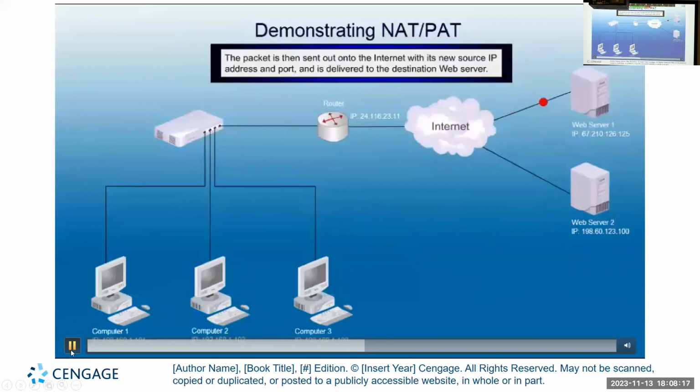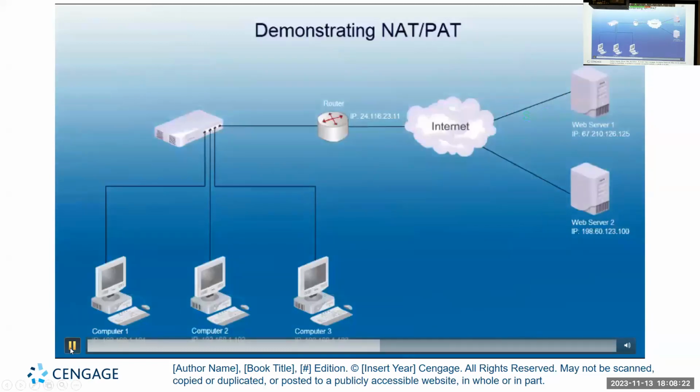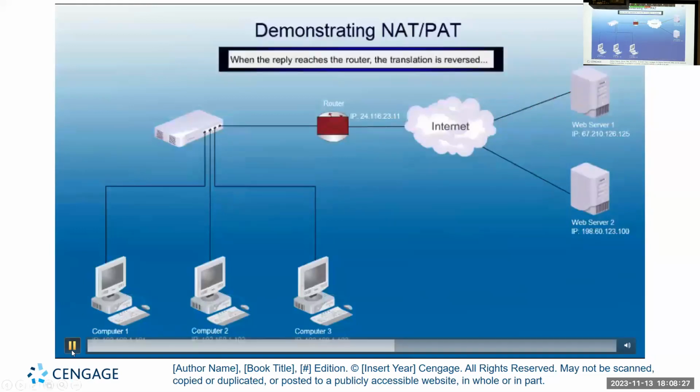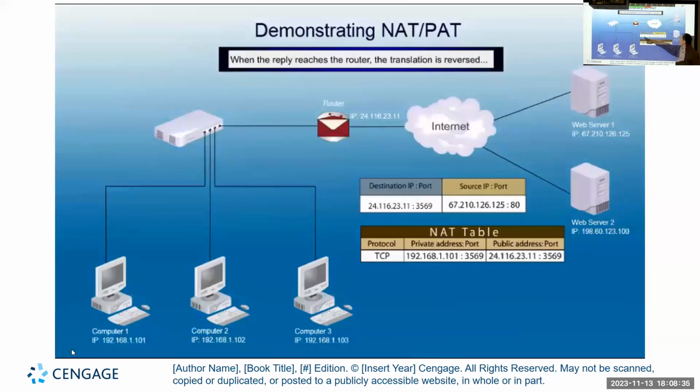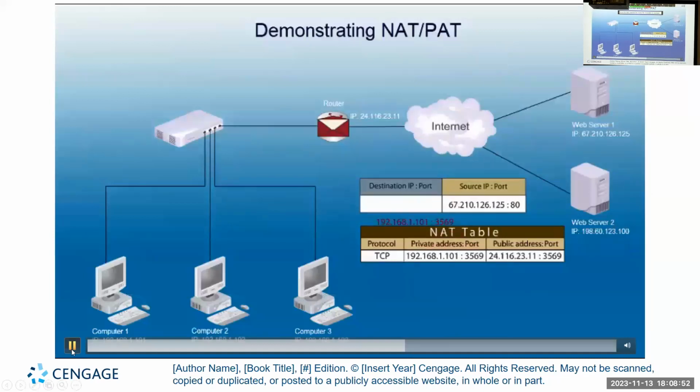So the web server receives it, it replies to the 24 whatever address. And the reverse happens when the reply comes. So the router gets the reply packet, sees the destination 24.116.23.11:3569, looks in its NAT table and sees that, oh, I need to swap out that address with the private address to deliver it to the internal device.